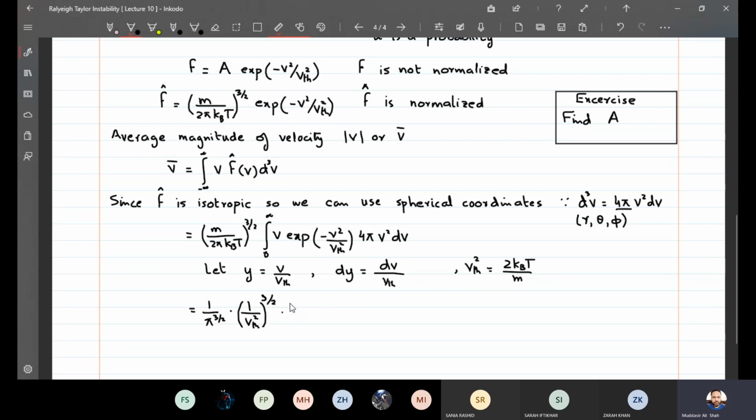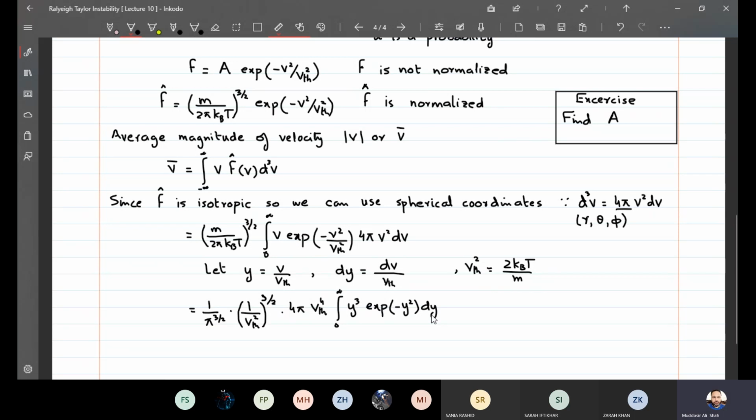So we'll get 4 pi v thermal 4, integral from 0 to infinity of y cube exponential minus y square dy.